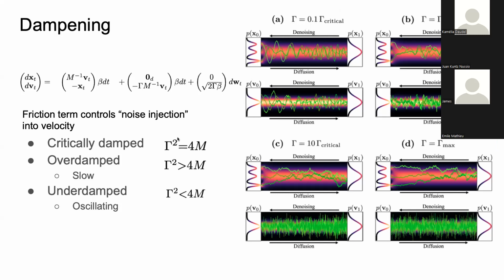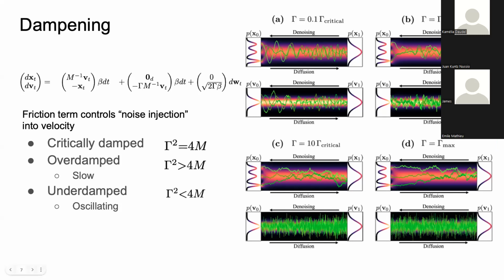Similarly, when the gamma or the friction term is very high, you have a very noisy trajectory, as in diagrams C and D, for example. This is typically what you'd see in a standard SDE.